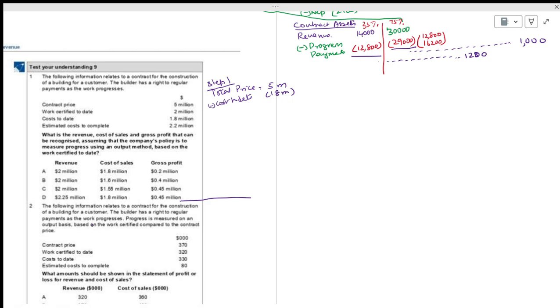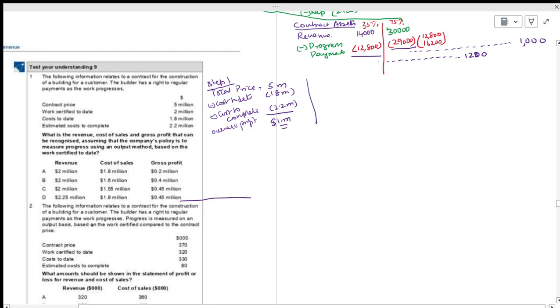Cost to complete is 2.2 million. Overall profit is how much? 5 minus 1.8 minus 2.2 comes to 1 million. Okay, fine.